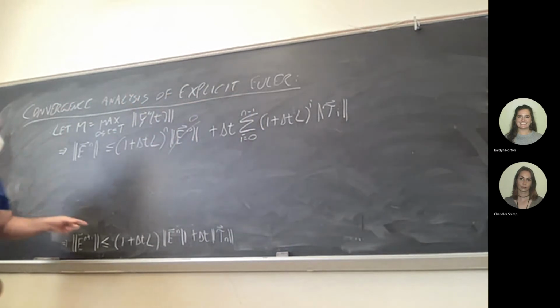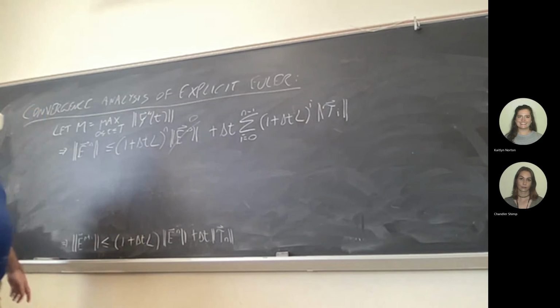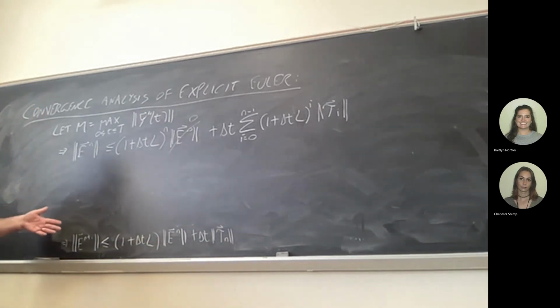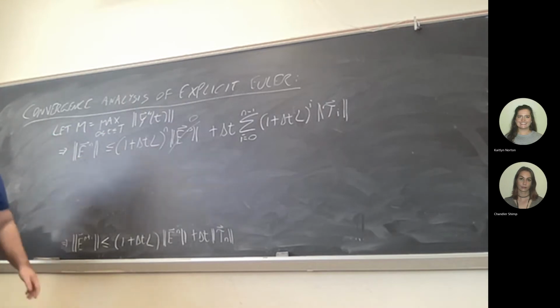That just comes from applying this recurrence relation repeatedly, and this pops out. So if you were to look at, for example, E_1, E_2, E_3, all in terms of E_0, this is what you get. So now we have this closed form expression for the error at time T_n.